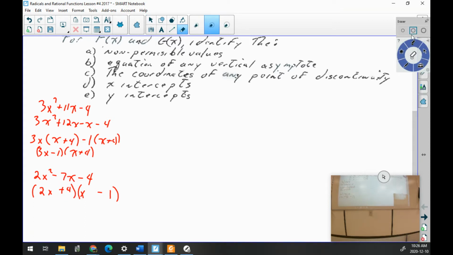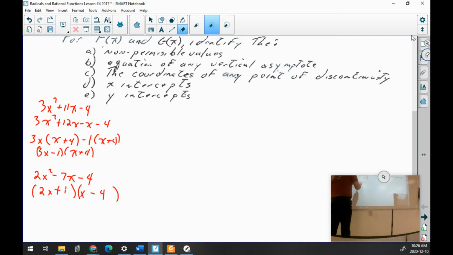If I flip that and I go negative 1 and positive 4 here, when I do my two middle terms, I have positive 8x and minus x. That doesn't work, but I can do trial and error to have our 2x plus 1 and our x minus 4.